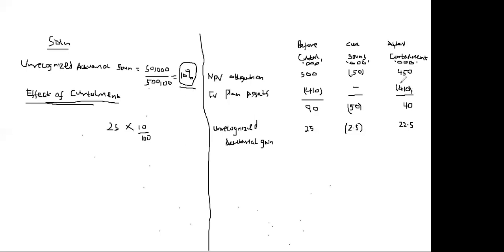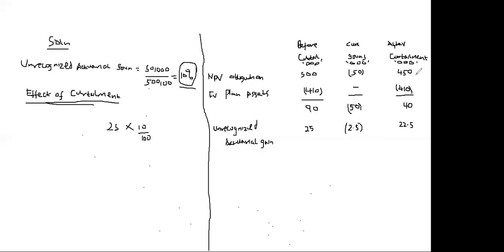And then now the total amount here will still be 410, because there is nothing that we have added or subtracted from the amount. So from these two figures, the net present value and the fair value of plan assets, we have deducted the fair value of plan assets from the net present value obligation. That is why we are getting the 90 here, and then negative 50 minus 0 still becomes a negative 50.